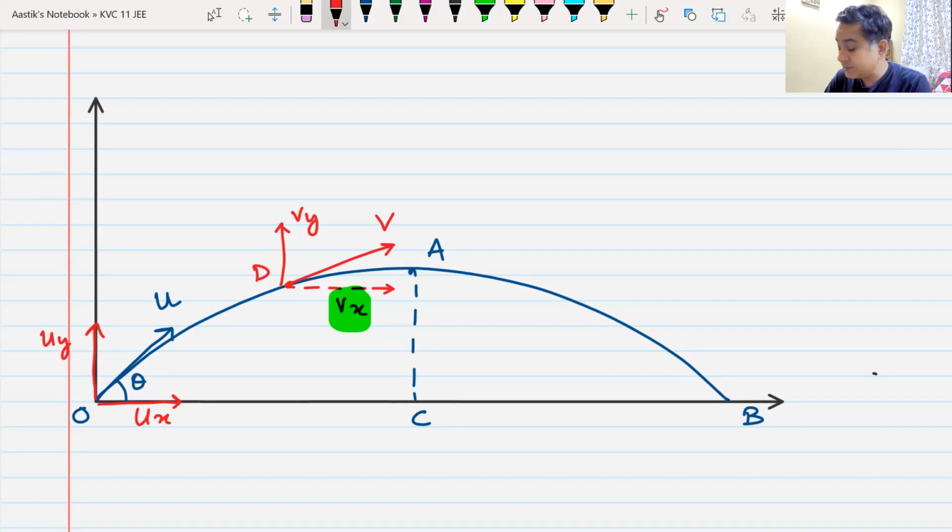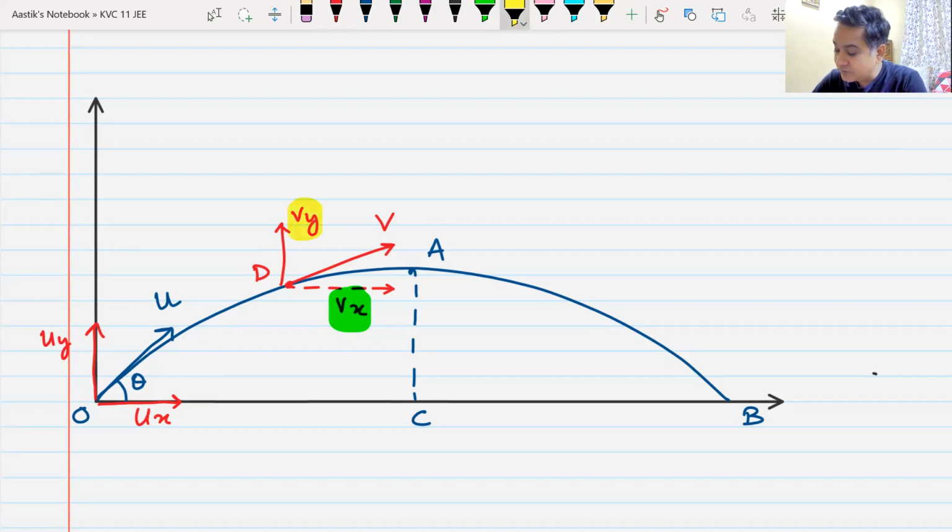This vx and this ux are all the same, and that will be equal to u cos theta, because velocity along the x-axis does not change. Do we understand this?